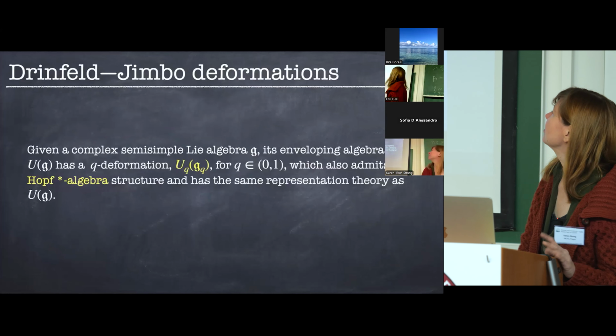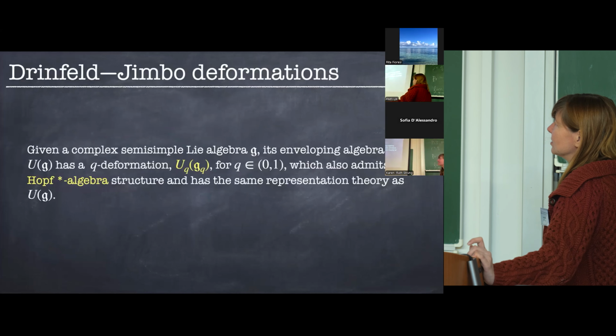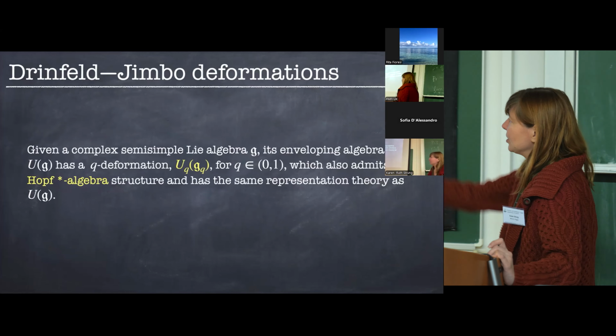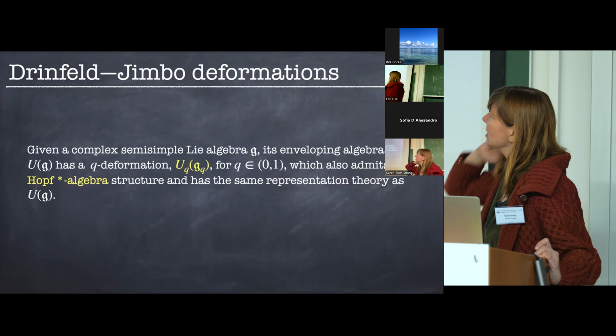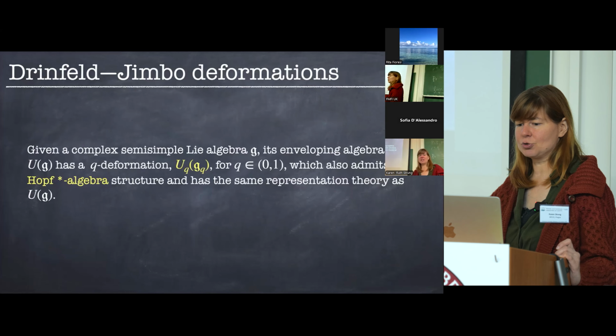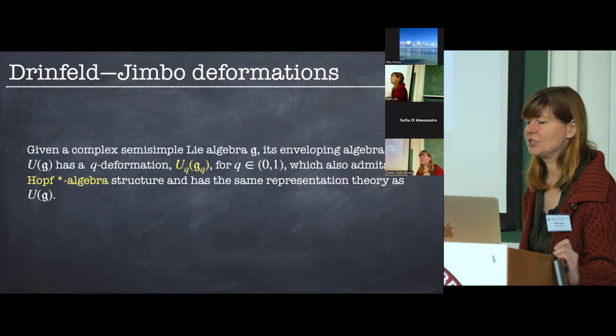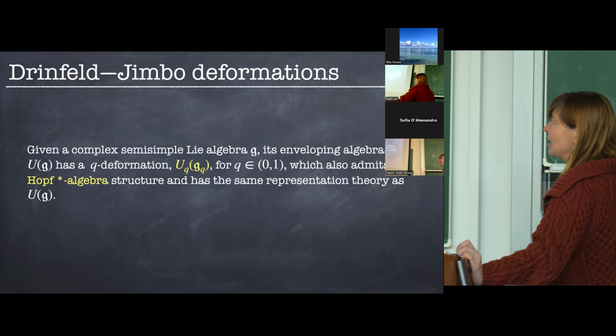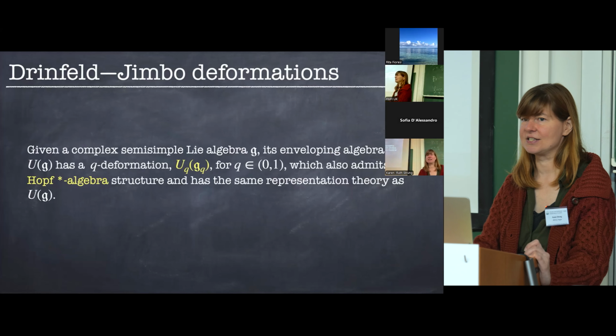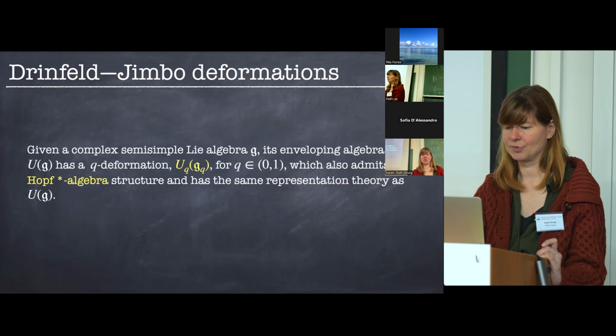So here, if we have a complex semisimple Lie algebra g, we can Q deform its enveloping algebra, and this behaves a lot like the usual enveloping algebra. In particular, it has a Hopf star algebra structure, and it will have the same representation theory as the undeformed enveloping algebra.